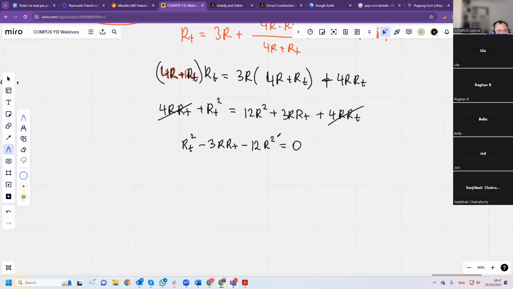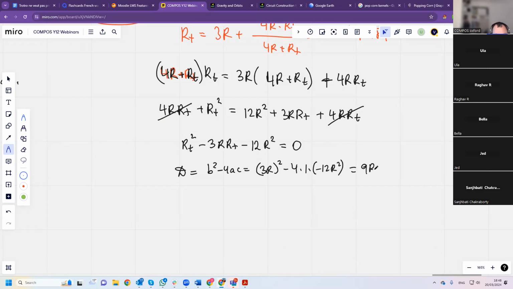This is a quadratic equation. I'm going to solve it using the formula. The unknown is RT. So the discriminant is b squared minus 4ac, which is 3R squared minus 4 times 1 times minus 12R squared.